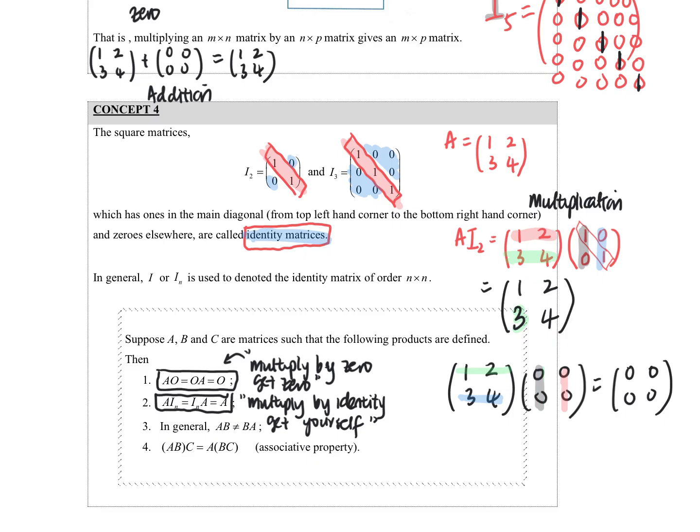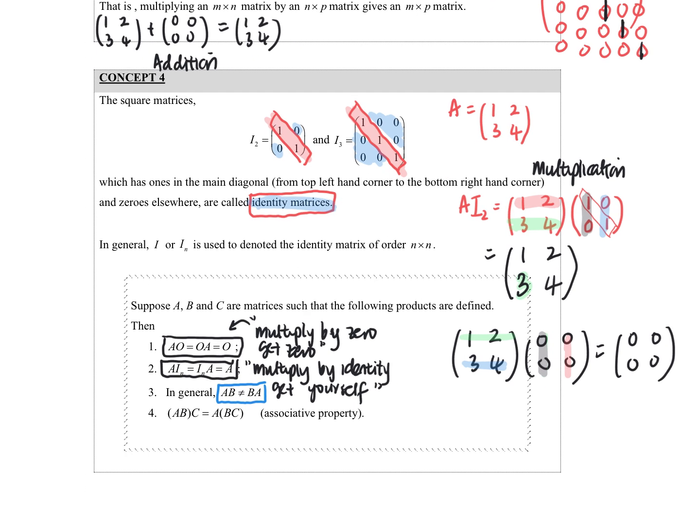And just now we proved that AB and BA are not the same. In fact, sometimes BA doesn't even exist. And then this one is telling you that if you multiply A by B first, and after that you multiply by C, you will get the same answer as multiplying BC first, then later multiplying by A. This is the associative property.